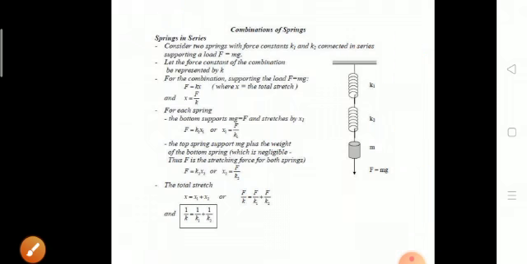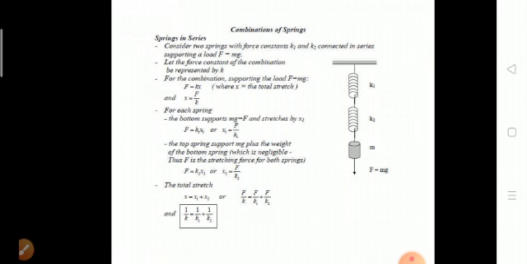The spring stiffness of spring 1 is K1, the spring stiffness of spring 2 is K2, and one mass M is attached at the end of the system. So what exactly is happening here? This system is called the springs in series concept.